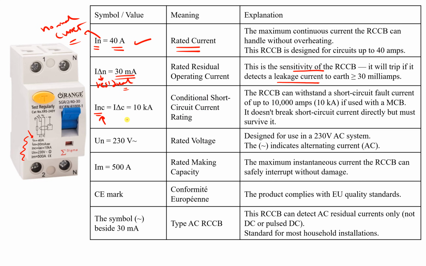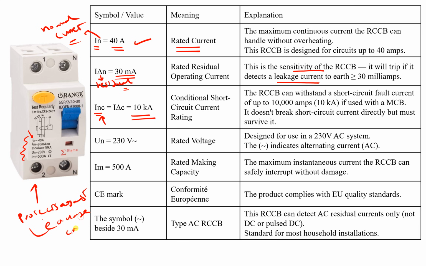In case of a residual or a short circuit in normal operation, the maximum value that it can withstand is 10 kiloamperes. So you can see the RCCB can withstand short circuit current up to 10,000 amperes. Now remember, this one only protects against leakage current or earth fault leakage current.